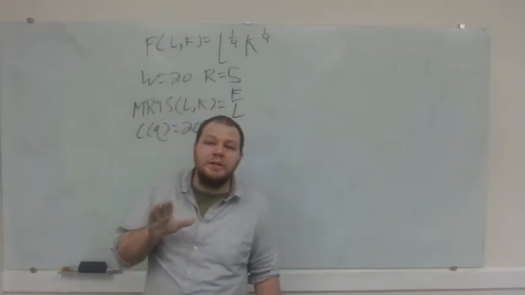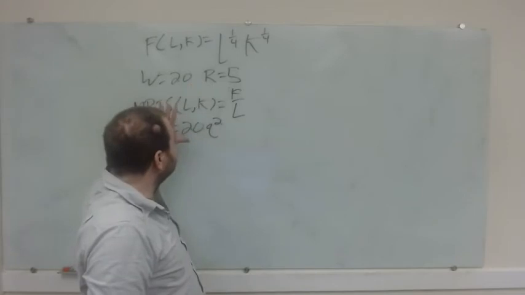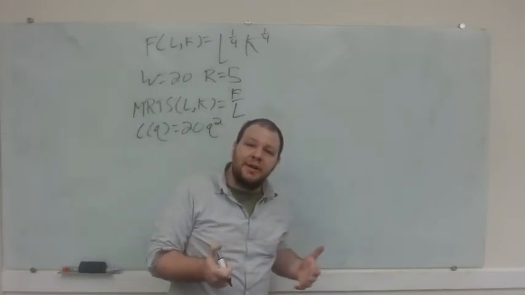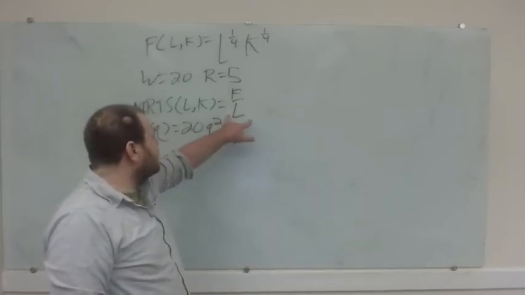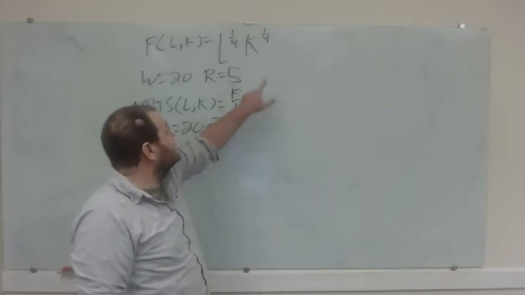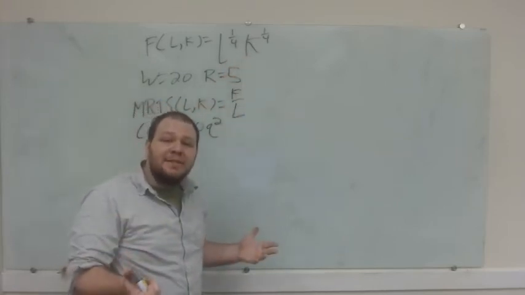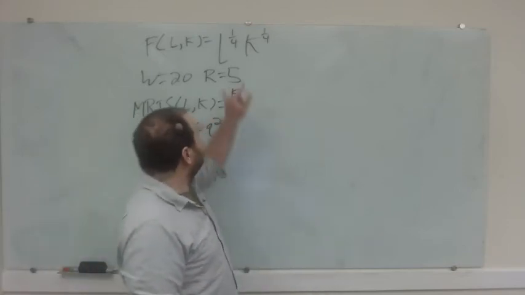Now, I want you to notice for a minute the ways in which this production function is and is not equivalent to the situation we just talked about. As we saw when we worked through this, our MRTS is exactly the same with L to the 1/4 times k to the 1/4 as with L times k, for exactly the same reason that our MRS would be the same if these were utility functions.